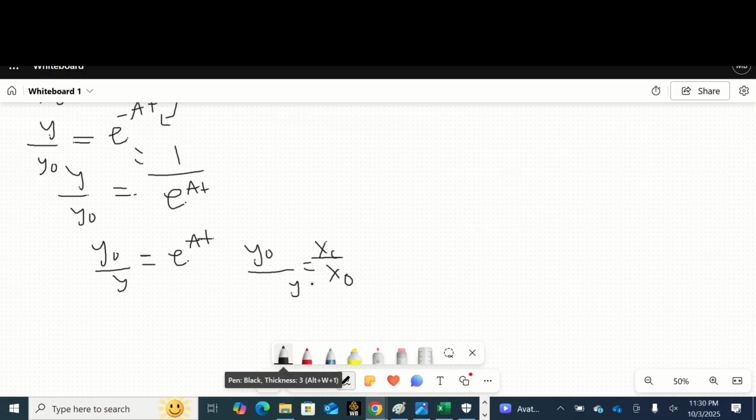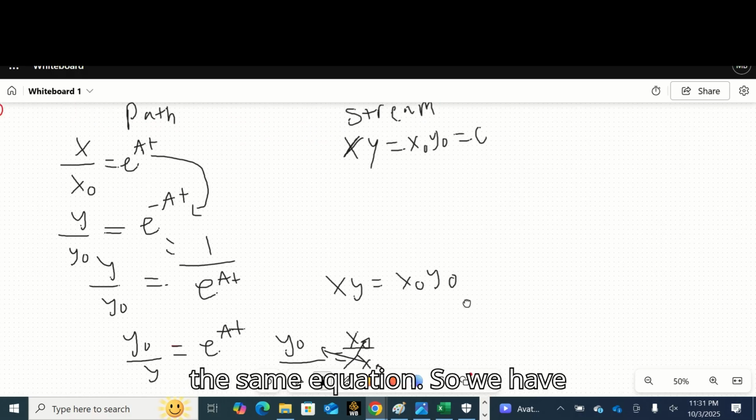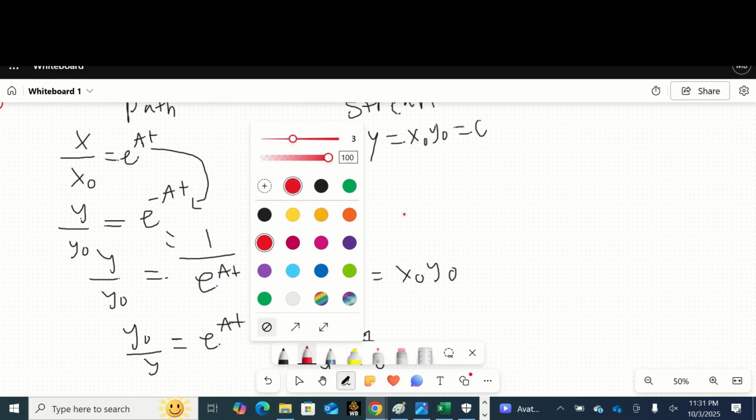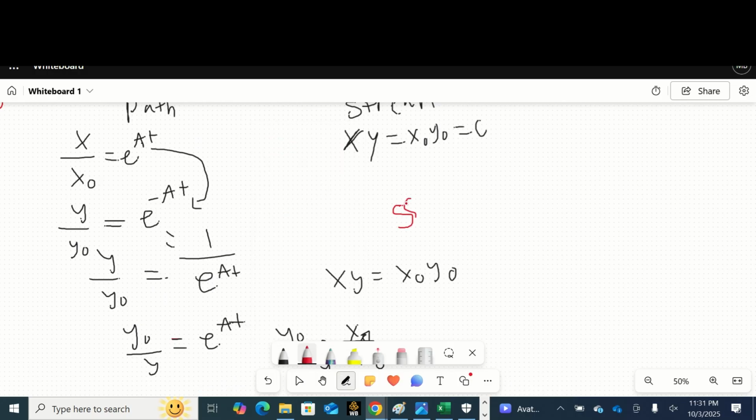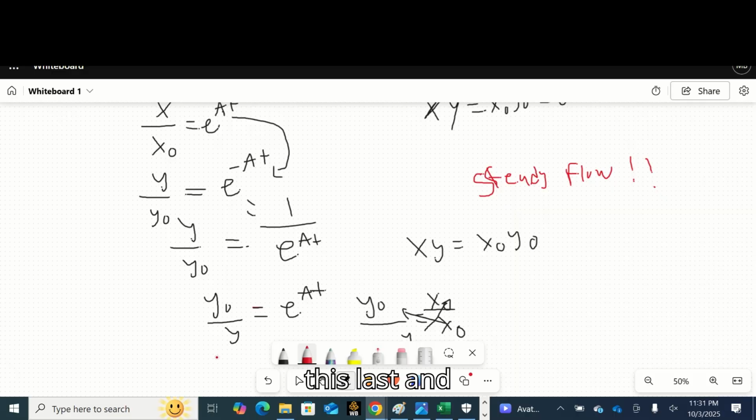If we cross multiply everything, we get xy equals x initial y initial, and these are actually the same equation. So we have steady flow. And that was the last problem.